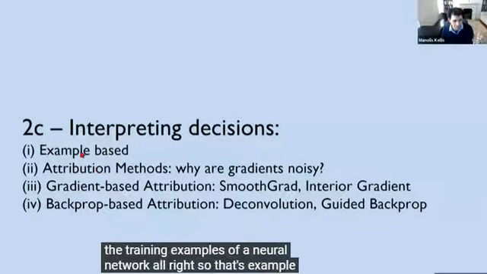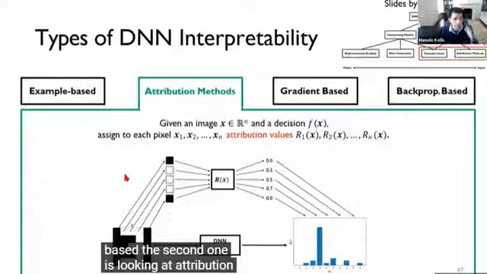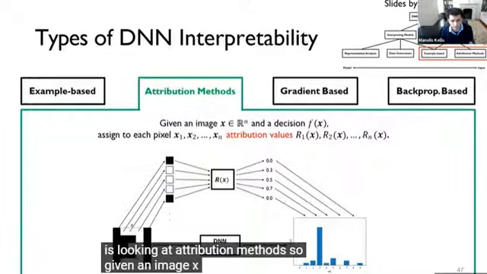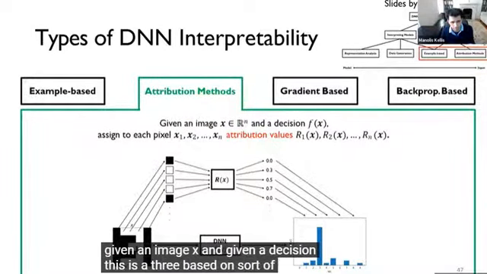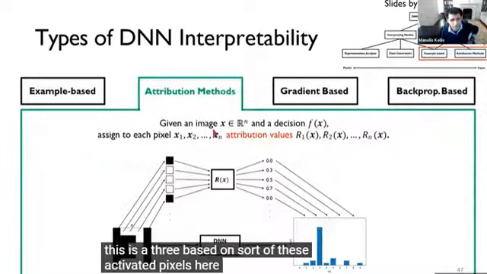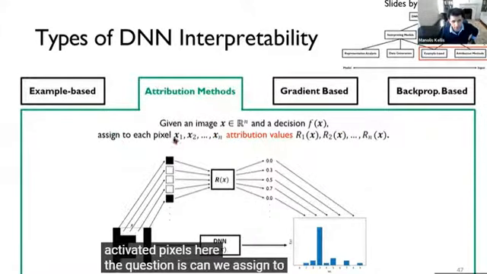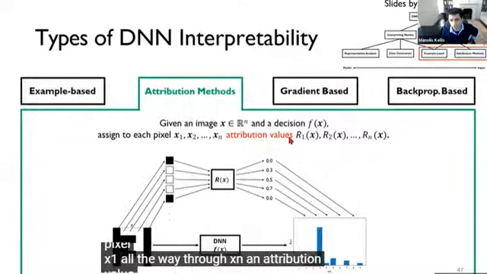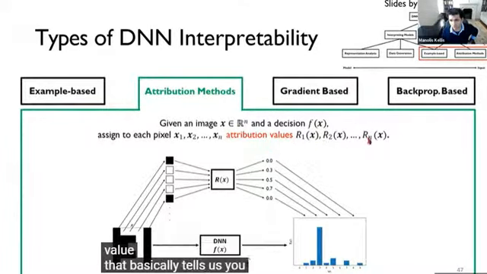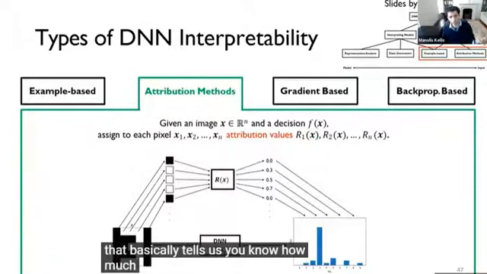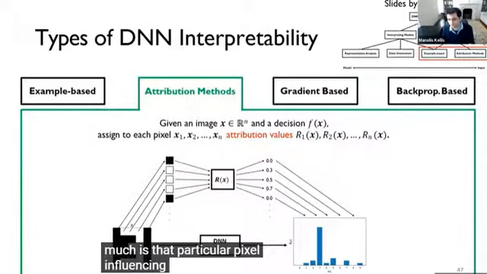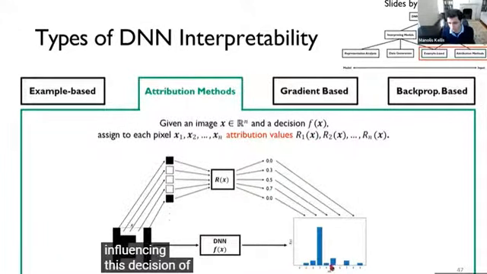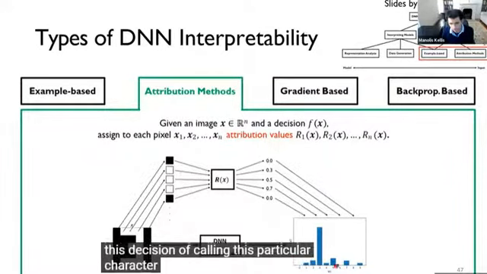All right, so that's example based. The second one is looking at attribution methods. Given an image, X, and given a decision, this is a 3, based on these activated pixels here, the question is, can we assign to every pixel, X1 all the way through Xn, an attribution value that tells us how much that particular pixel is influencing this decision of calling this particular character a 3?